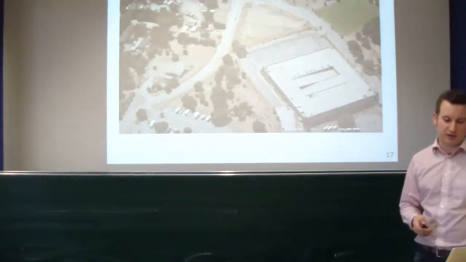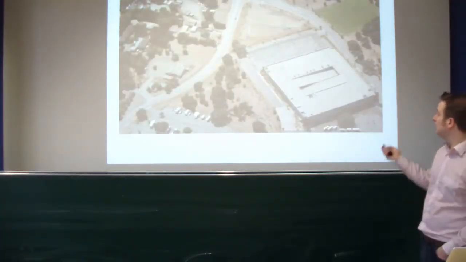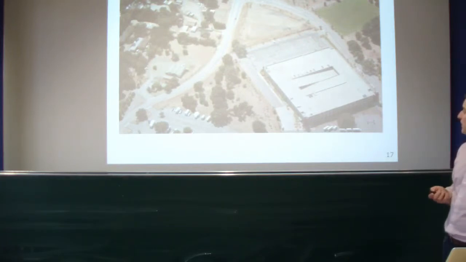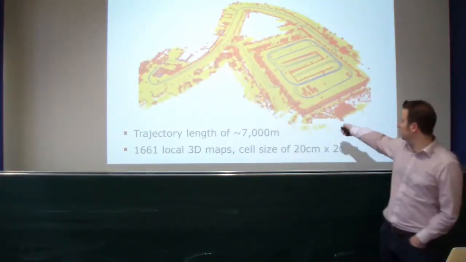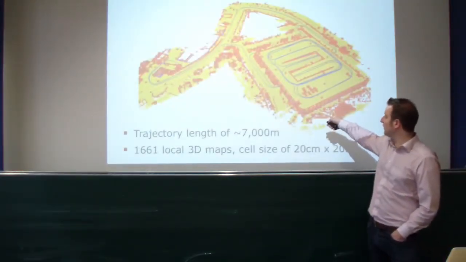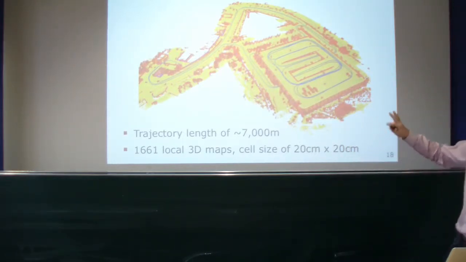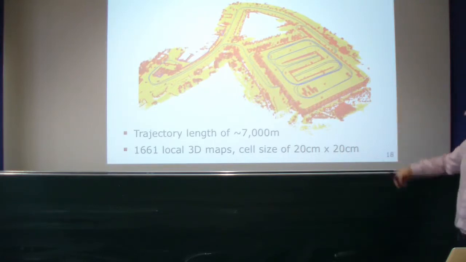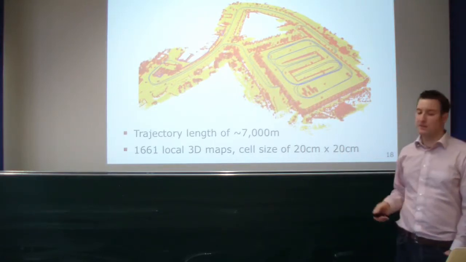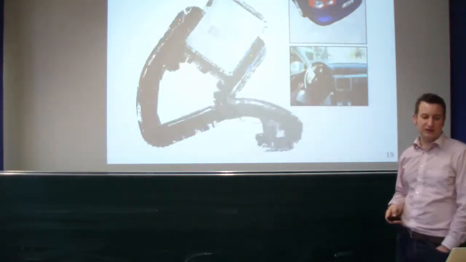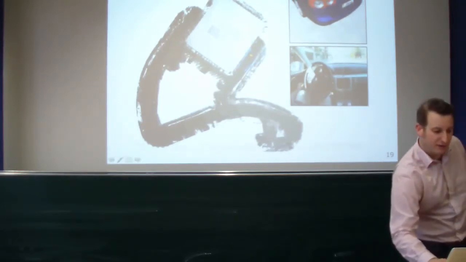And that's how the parking garage looks in reality. So it's a picture from the parking garage and the corresponding 3D model. As you also see here, look inside, the planes on the ground. In this example, about 1,600 local maps were built, aligned and then used for planning. And that's actually an example of the work of Rainer.